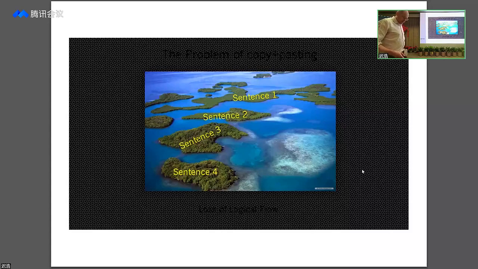Looks like islands in a sea without any connection. Why is that? What is the problem here? They're disconnected, right?